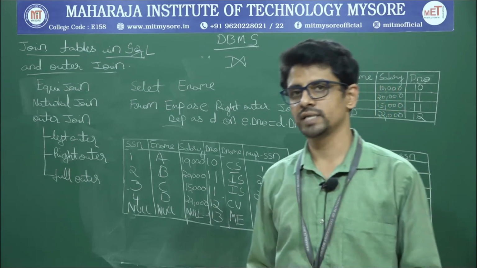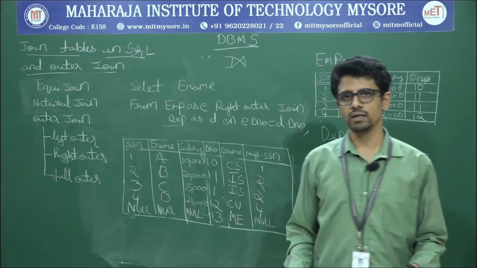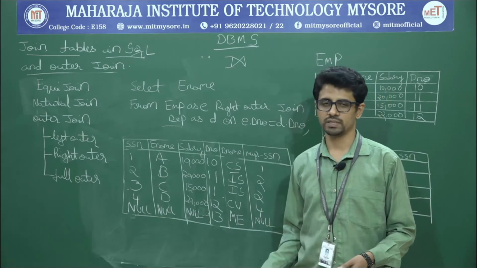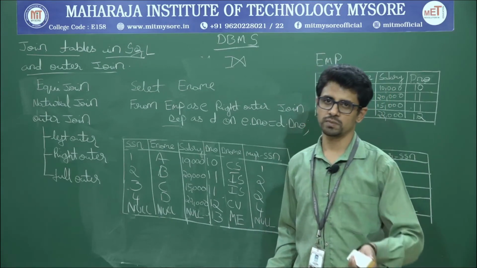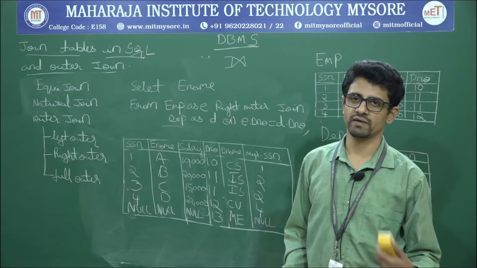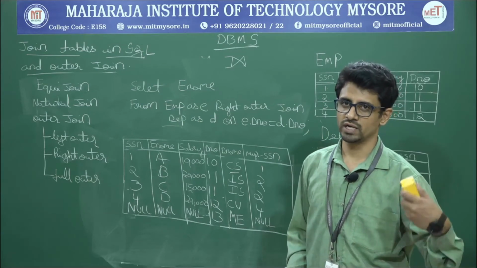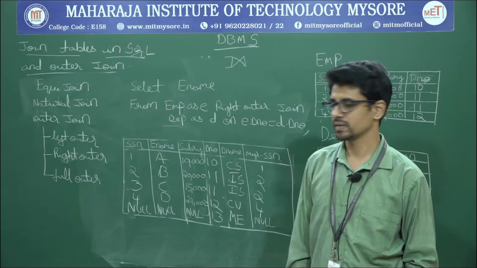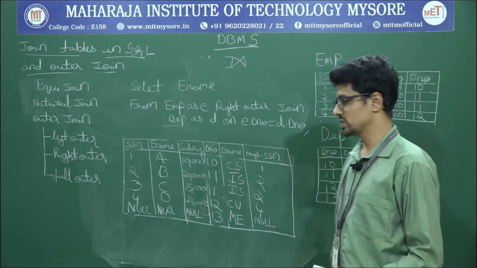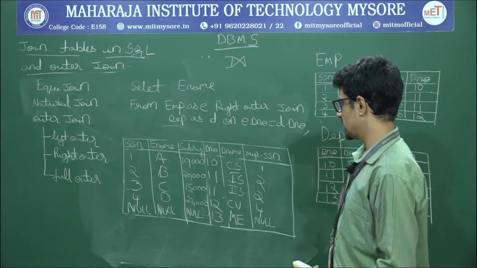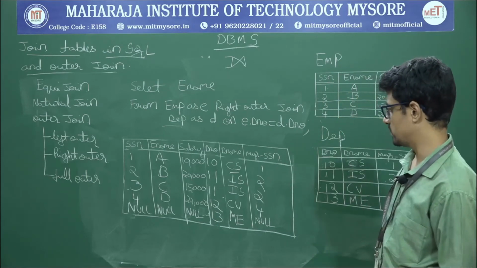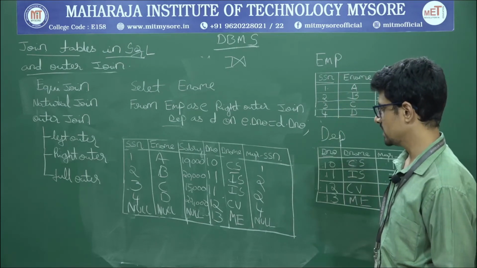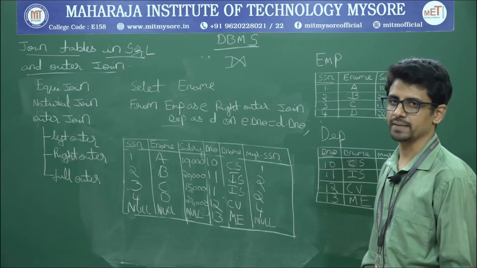For the right hand side table, all the tuples will come in the relation, but if there is no matching tuple in the left hand side table, we have null on the left hand side. So if you have null on the left hand side table, it is called a right outer join. Okay. As I mentioned, the question can be framed in such a way: here are the details of employees irrespective of whether they are working or not working for any department.